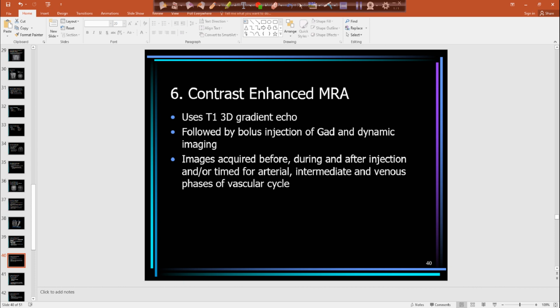And this is usually done for dynamic imaging. Dynamic imaging means that we're going to be timing our contrast to visualize the arterial blood flow, the venous or intermediate blood flow, and our delayed vascular imaging. So that helps the radiologist diagnose certain cancers.